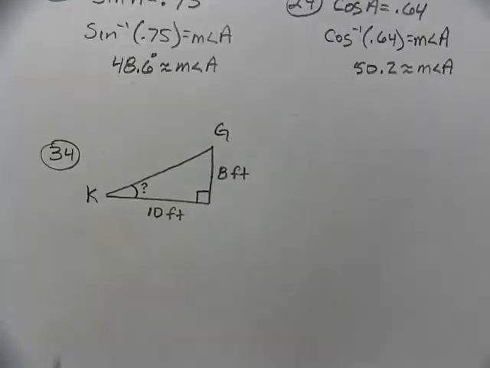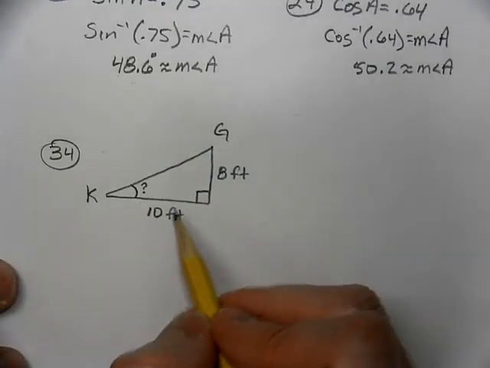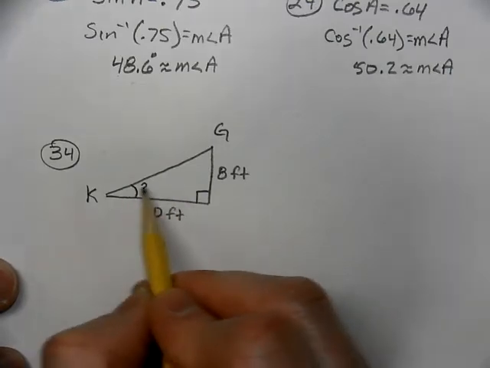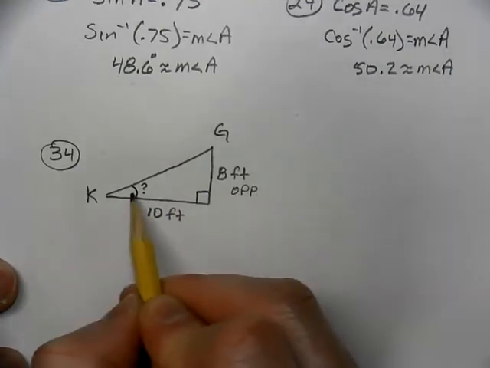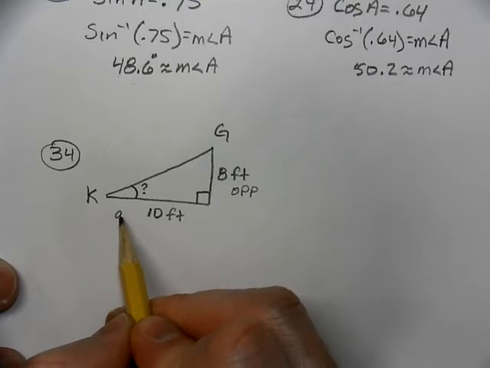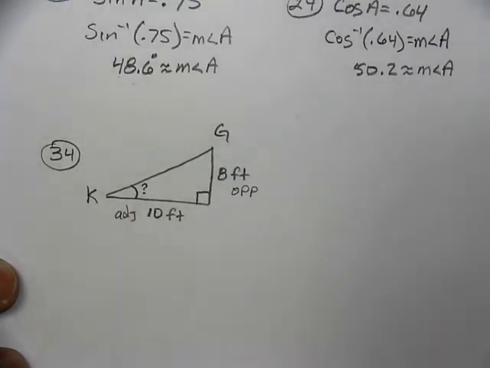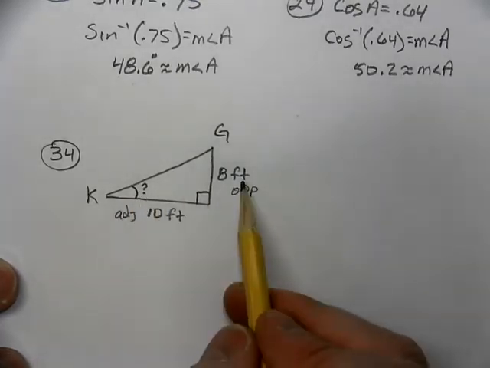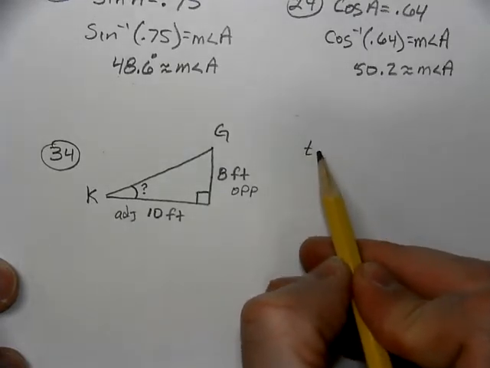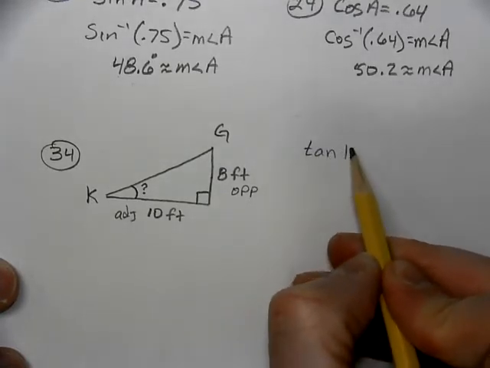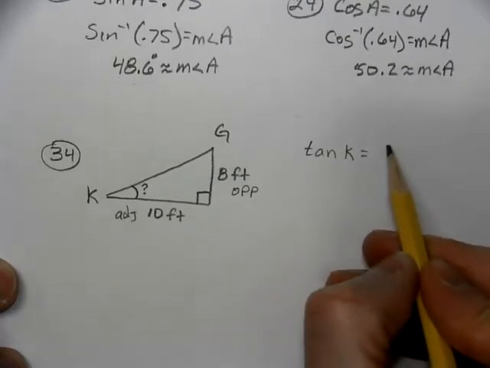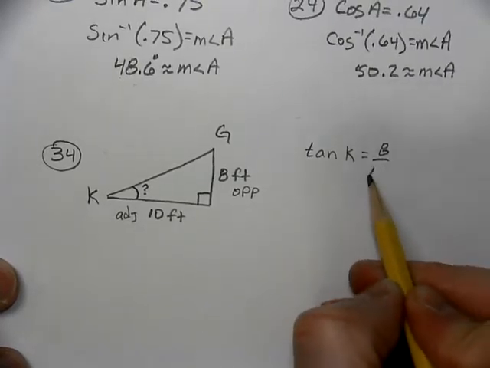So for number 34, if the ball is placed 10 feet away from the goal, and the goal is 8 feet high, we're supposed to figure out what the angle measurement is. We're going to use inverse. This is your opposite side compared to the angle we're looking for. This is your adjacent side compared to the angle. So opposite over adjacent. The tangent of K equals the opposite over the adjacent.